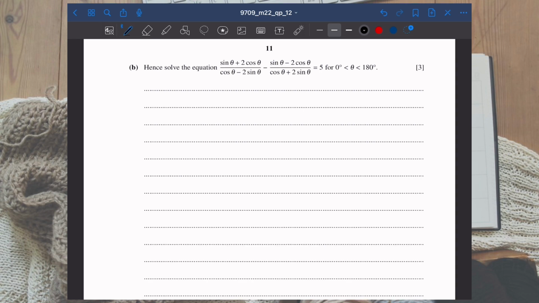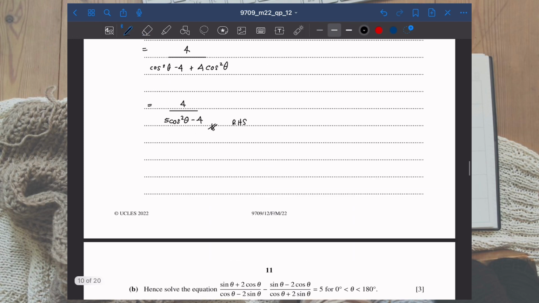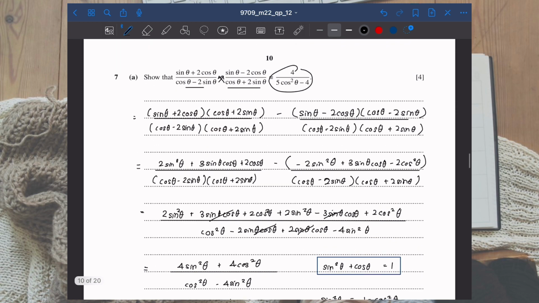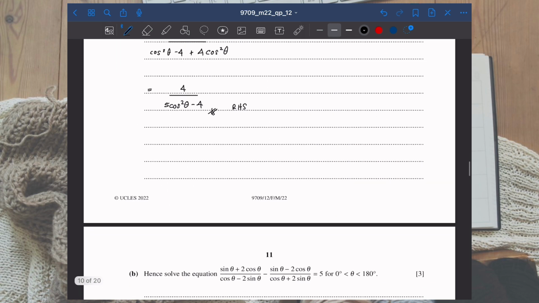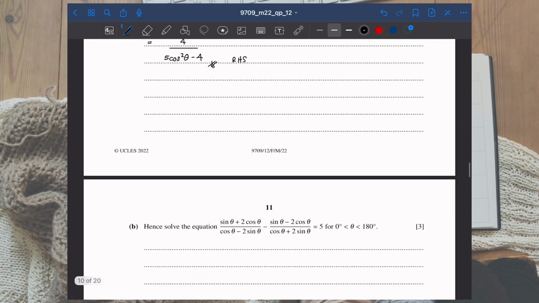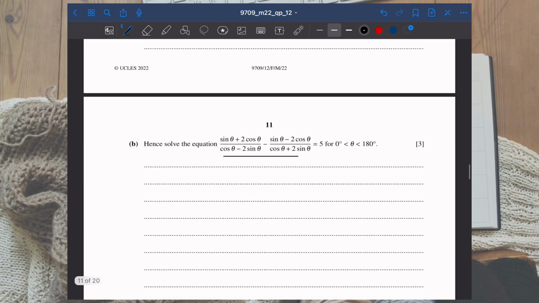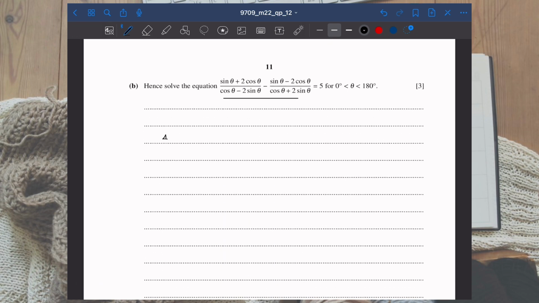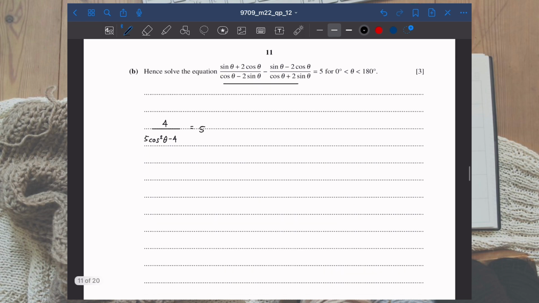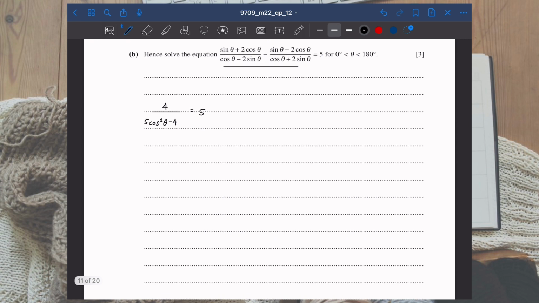Part B. Hence solve the equation for θ between 0 and 180 degrees. So we can use the trigonometry identity that we solved in the previous part of the question. So this whole expression we can equate to this expression. So we can write it as 4 over 5 cos² θ minus 4 equals 5. Then we can rearrange over here.